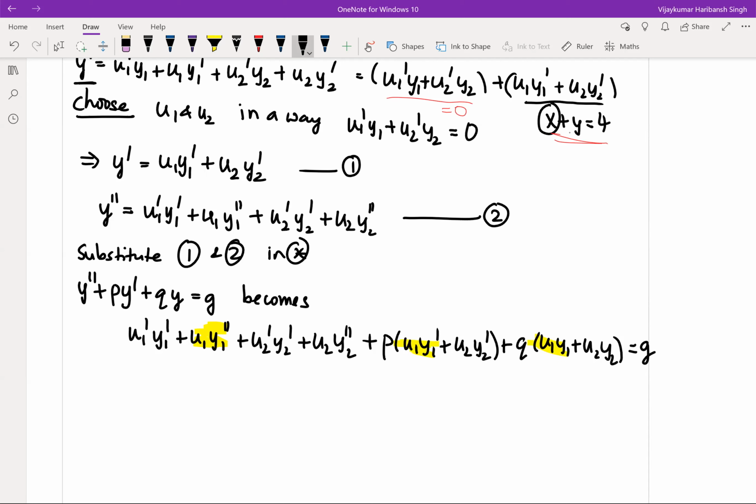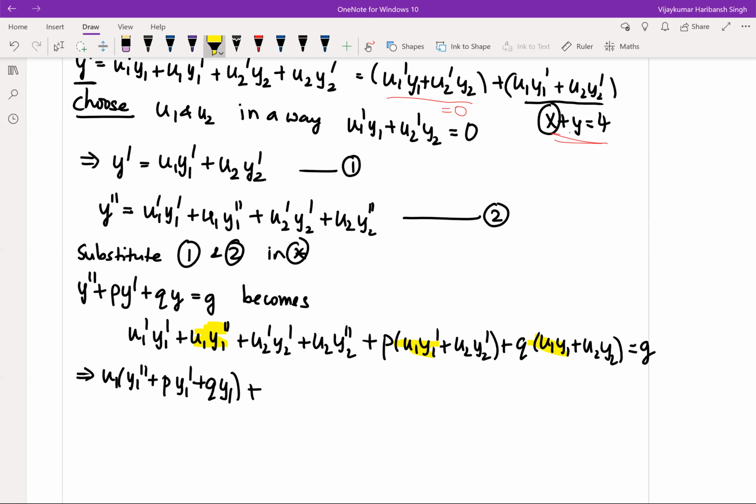So let's arrange them together. This implies u1 times y1 double prime plus p y1 prime plus q y1. That is the first part.